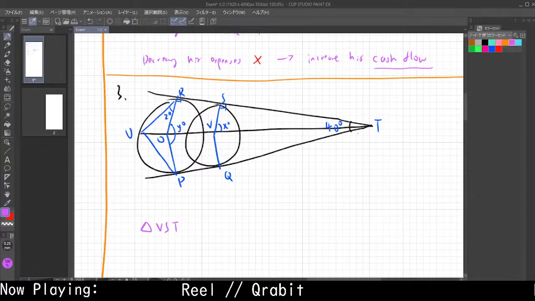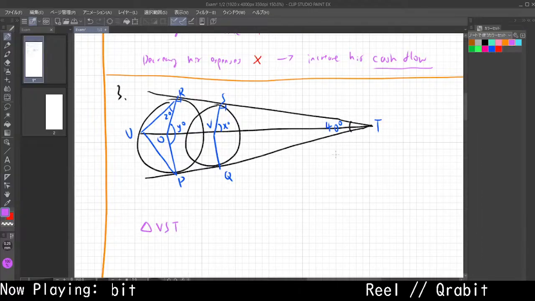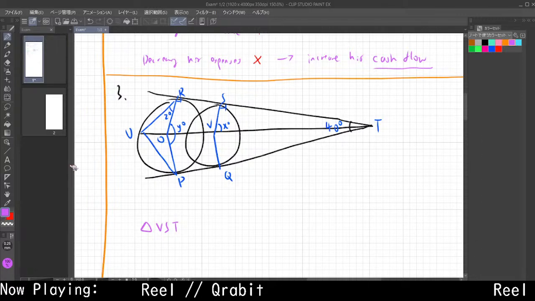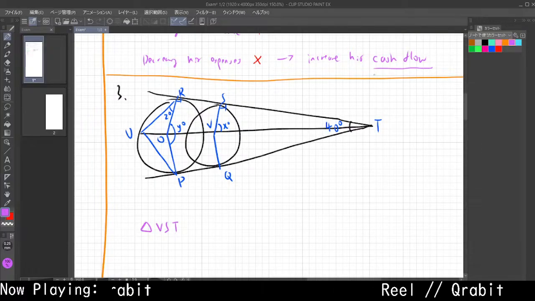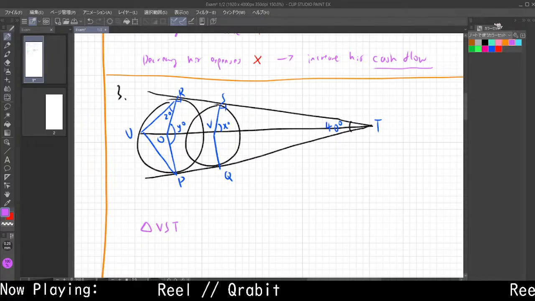Since your line from T goes through both centers, we can basically assume that it is the middle line, the bisecting line, and therefore it will bisect every angle that goes through it, because the two other lines are tangents, and tangents are equal in length.